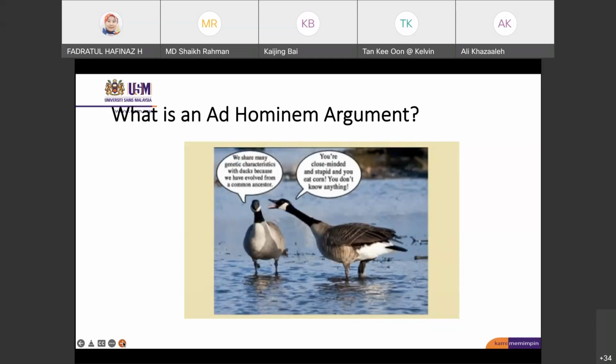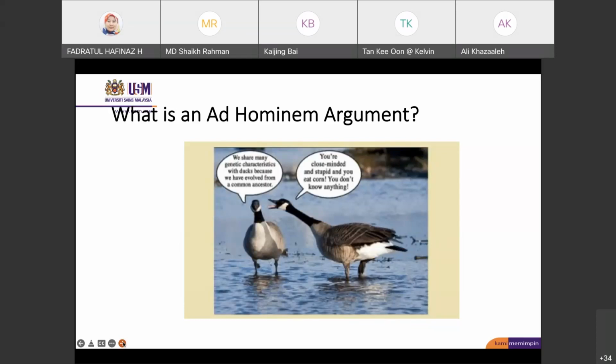So what is an ad hominem argument? An ad hominem argument is known traditionally as argumentum ad hominem. It's a fallacy that sidesteps the issue at hand by attacking the person, like the goose on the right attacking the goose on the left, who has put the issue forth. The goose on your left states that we share many genetic characteristics with ducks because we have evolved from a common ancestor.